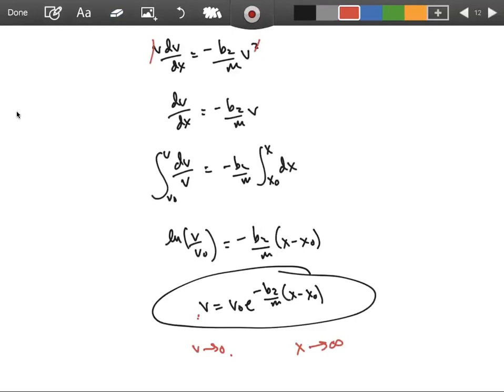But again, as we said before, physically what's really going on is that as this thing gets slower, the retarding force on it is super small because it goes as the velocity squared.